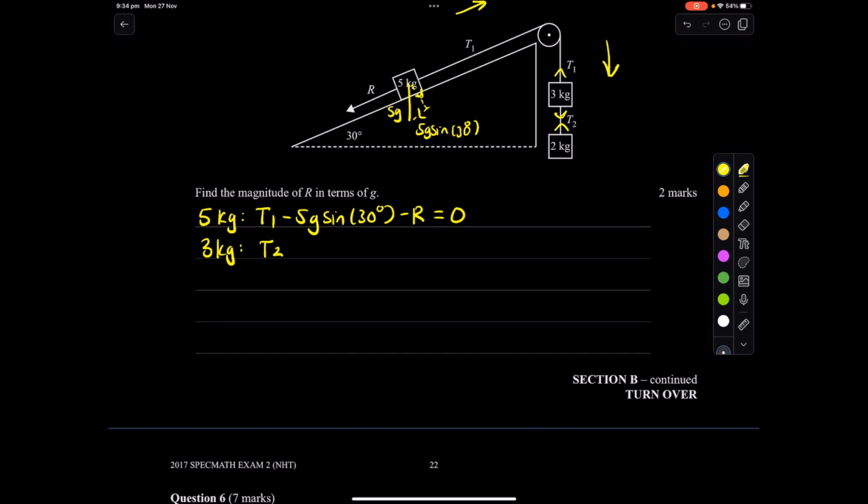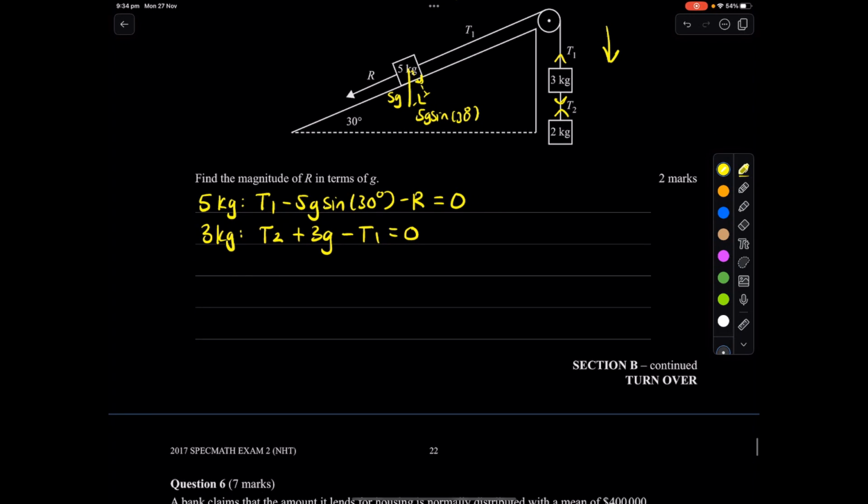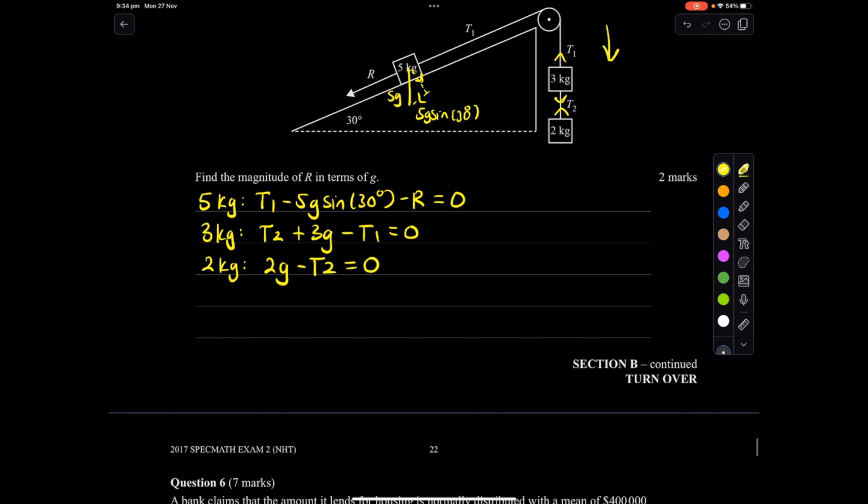We also have its gravitational force, so plus 3G minus T1 should also equal 0 because acceleration is 0. Have I made any mistake here? Just want to double check. Okay, it looks good. For the 2 kilogram one, we're going to have 2G going down and minus 2T equals 0. And that's it, so we have all those.